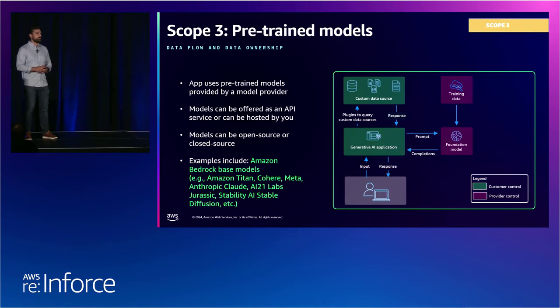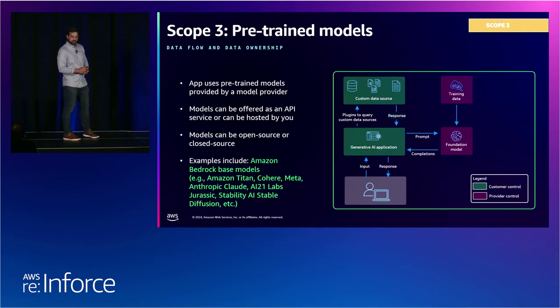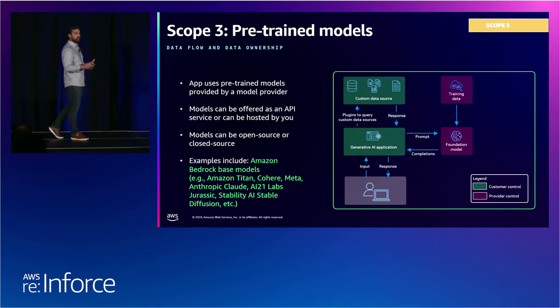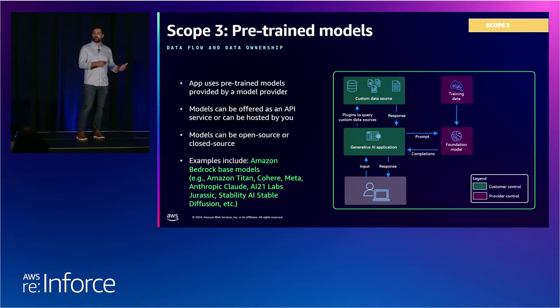Those APIs can link to either open source or closed source models. And some examples of that would be Amazon Bedrock on some of the base models that they have, including Amazon Titan and Meta's Llama. Also important here is your organization's data is primarily being leveraged within the application through that RAG-based architecture that was mentioned earlier. So none of your organization's data resides within the model itself.